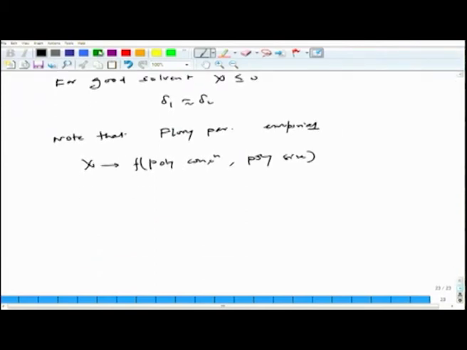Now, if you are interested in finding out polymer-solvent immiscibility, using this Flory-Huggins theory you can only obtain partial immiscibility.